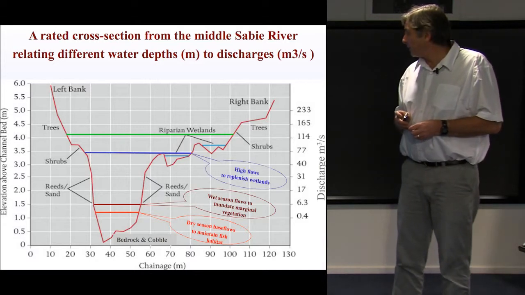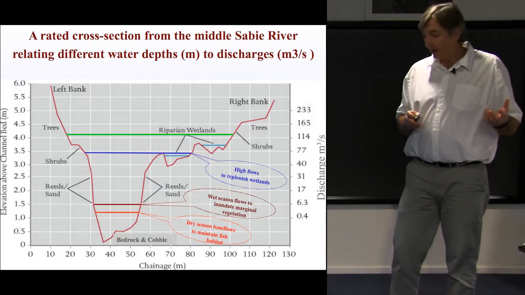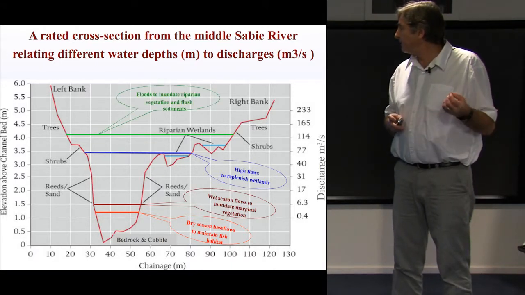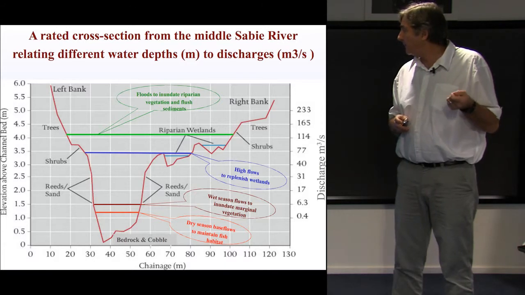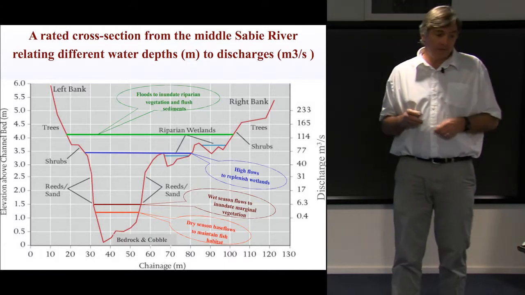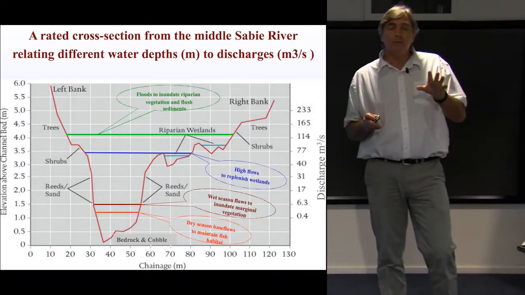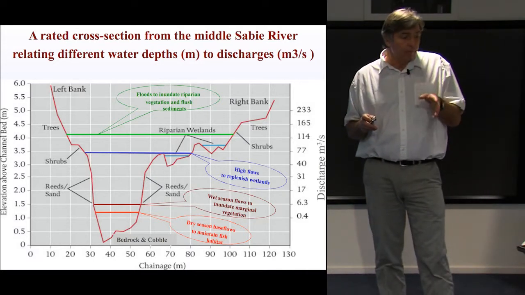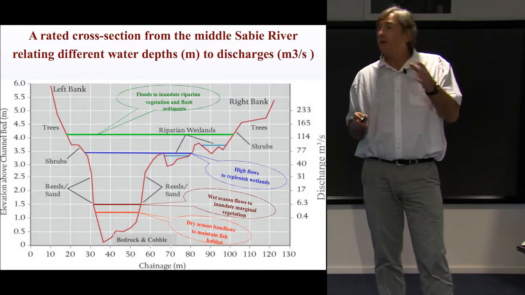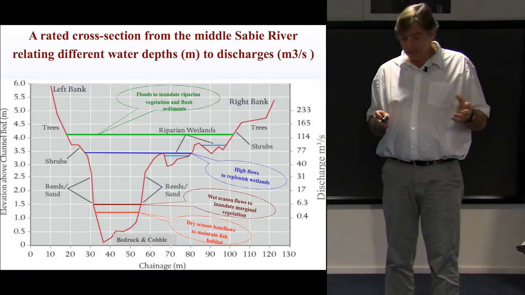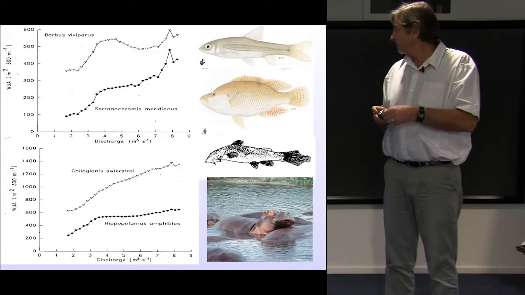Then some high flows maybe to replenish the wetlands happening occasionally during the wet season, and then the floods to inundate riparian vegetation and to flush sediments through the system. So that would be, very briefly, the kinds of flows and motivations for those flows which would be provided by the various specialists.